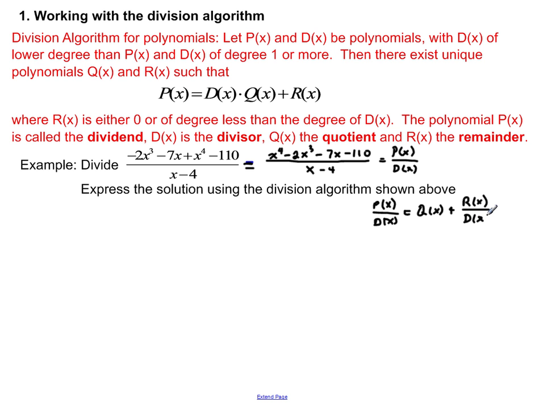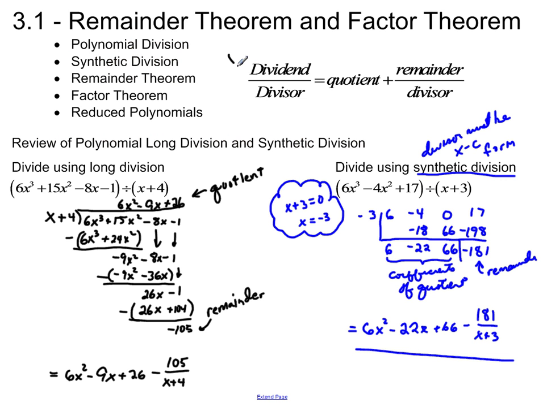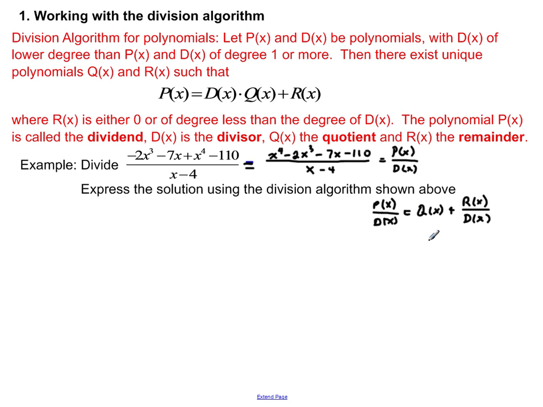If you recall, that was our statement from the previous page. Dividend over divisor is equal to quotient plus remainder over divisor. Only in this case, we're calling them p of x, q of x, d of x, and r of x in place of dividend, quotient, divisor, and remainder.